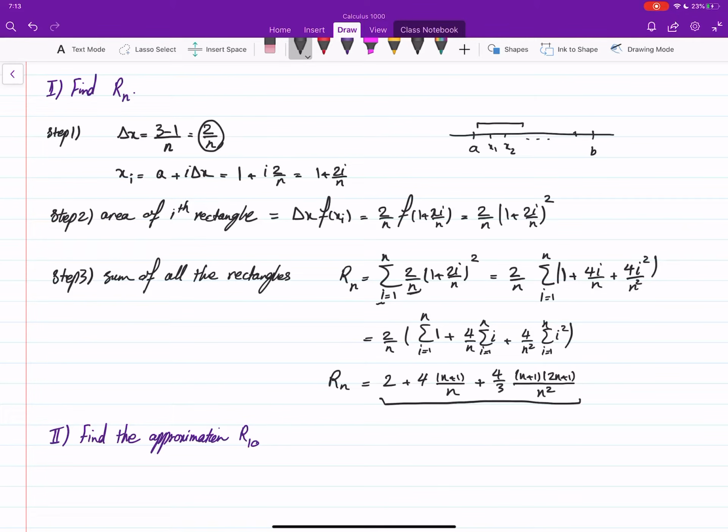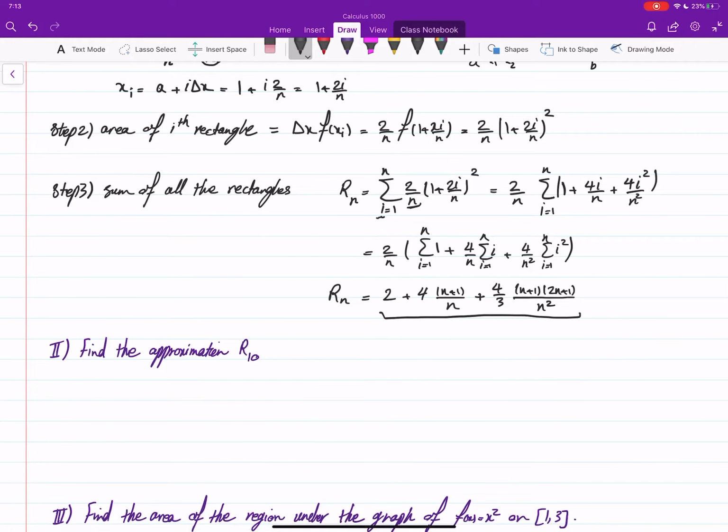Okay, before we do step 4, we can now use this formula. For example, find R10, meaning the area approximated by 10 equal rectangles using right endpoints. This will be 2 plus 4, I'm just plugging 10 in for n in that formula. So it will be 10 plus 1 over 10, plus 4 over 3, 10 plus 1, 2 times 10 plus 1 over 10 squared.